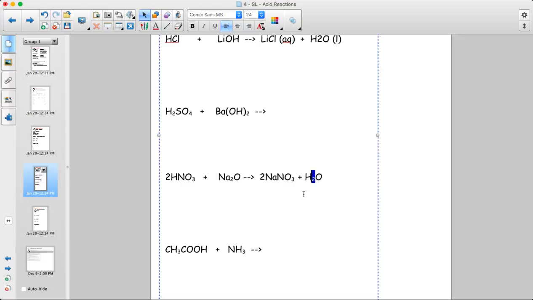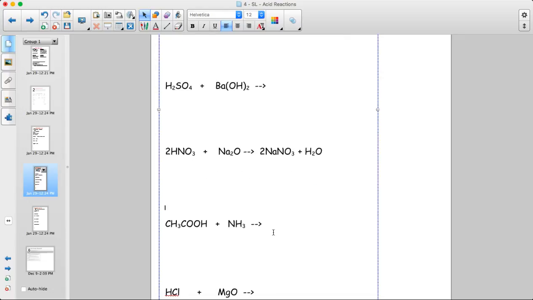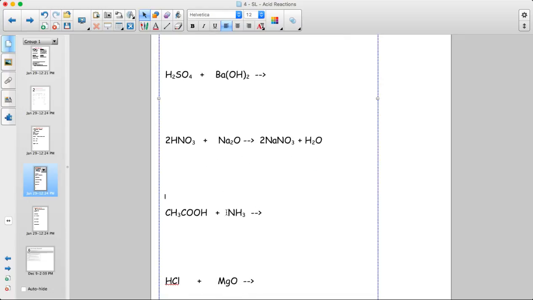Okay, the last one that doesn't quite fit into the category of making salt and water is when you have ammonia. Ammonia doesn't have an OH on it. And so ammonia acts as a base only as a proton acceptor. So as the proton leaves the ethanoic acid, and this is the acidic proton in any carboxylic acid, CH3COOH, as that goes onto the ammonia, it's going to create our cation.